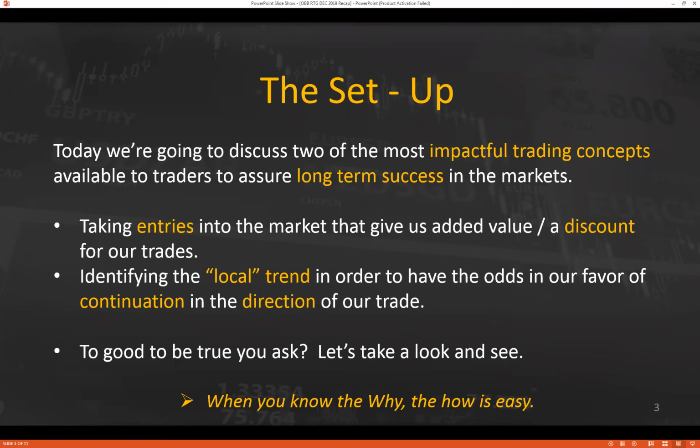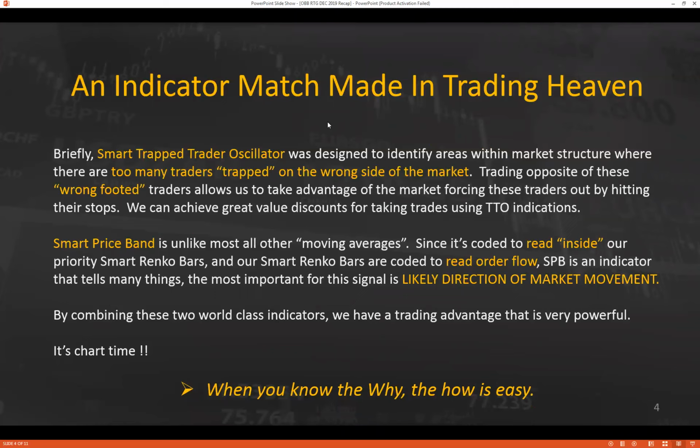And then we're going to identify the immediate or local trend so that we can have the odds in our favor of the market continuing in the direction of our trade a majority of the time. It sounds too good to be true, and I'll share this with you and let you be the judge of that. An indicator match made in trading heaven? Yes, I think so. Hopefully you will when we're finished with this presentation.